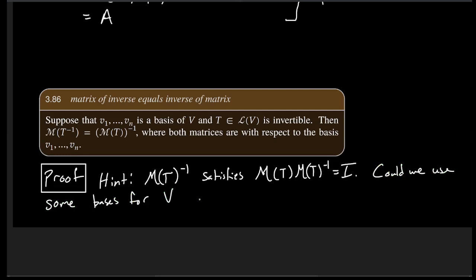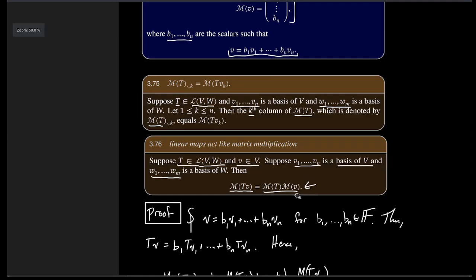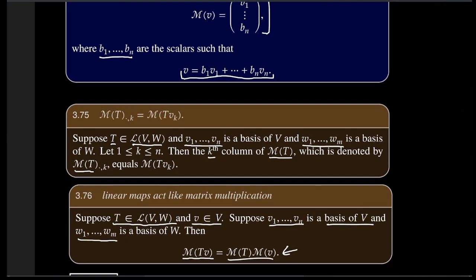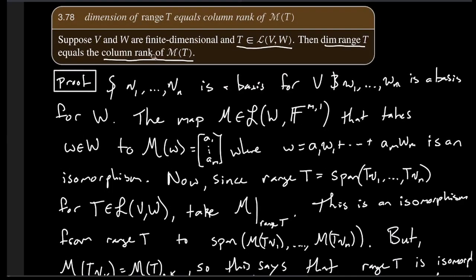Some bases for V, in terms of the matrix of T and the matrix of its inverse. In particular, let's go back a little bit and think about what we could do. Do we know anything about, say, the column rank of an invertible matrix, something like that?